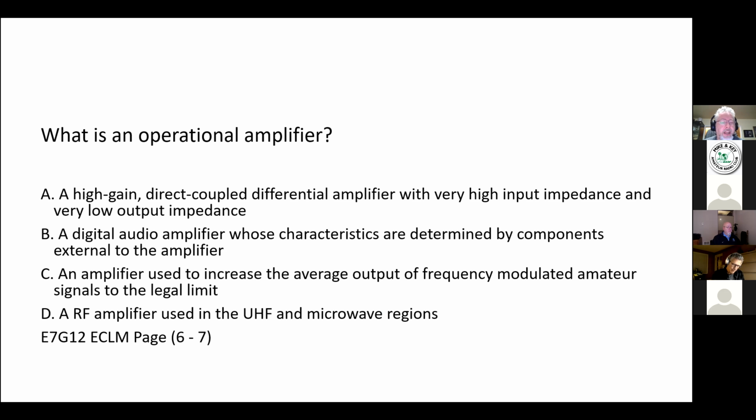C, an amplifier used to increase the average output of frequency modulated amateur signals to the legal limit. Or D, an RF amplifier used in UHF and microwave regions? Alpha is correct.